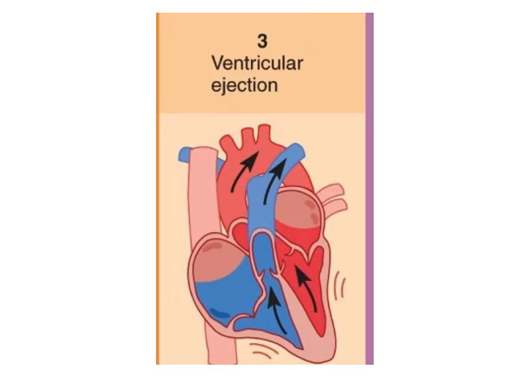Now, after that initial surge of blood leaves, you transition into what is called reduced ejection. During reduced ejection, you still have blood moving from ventricle into vessel, so you still are ejecting, but the blood is starting to move a little more slowly because the pressure difference between the two areas is becoming less.